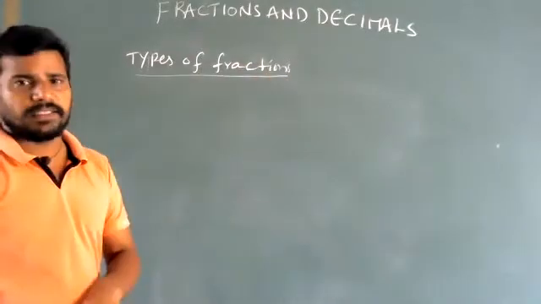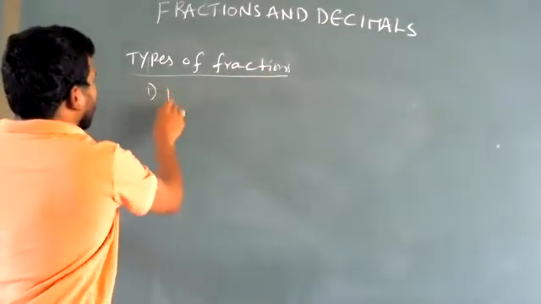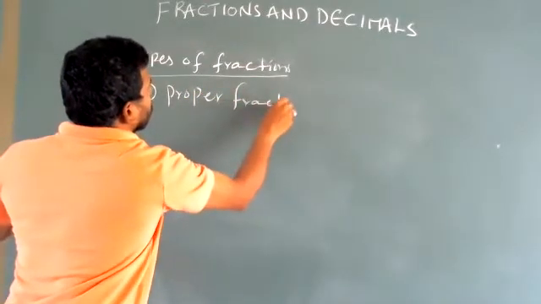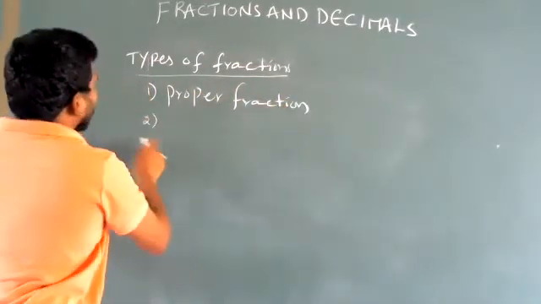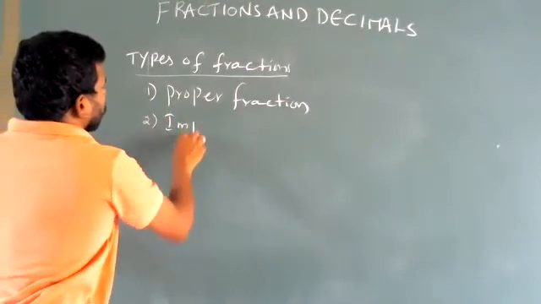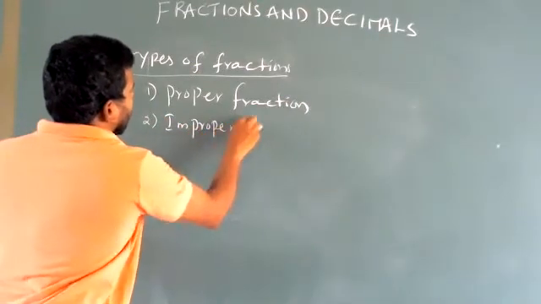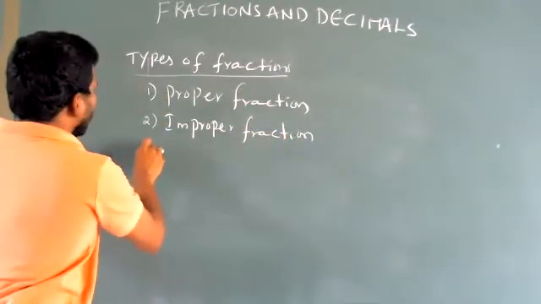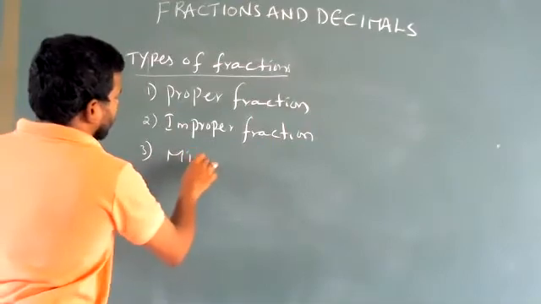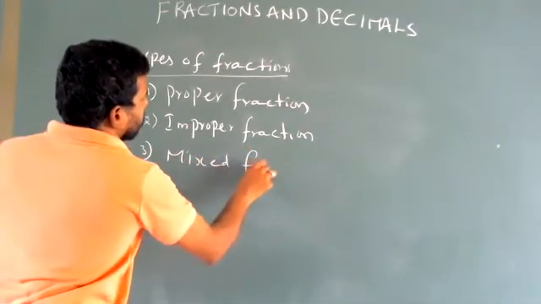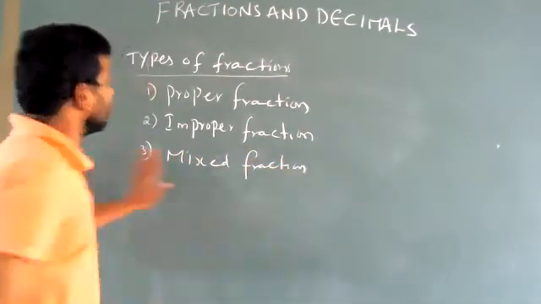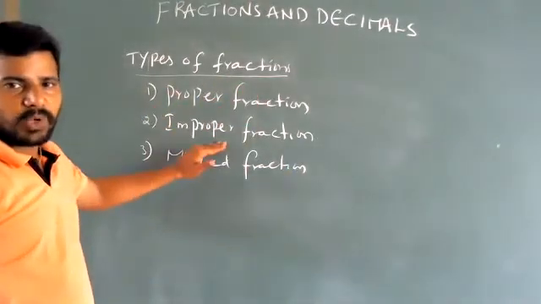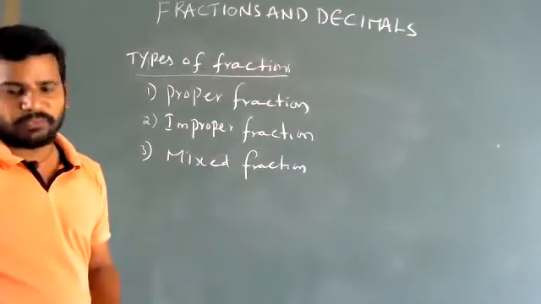Three types. The first one, proper fraction. The second one is improper fraction. The third one is mixed fraction. So the types of fractions: proper fraction, improper fraction, mixed fraction.